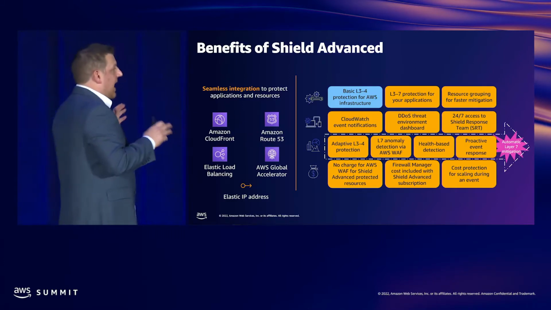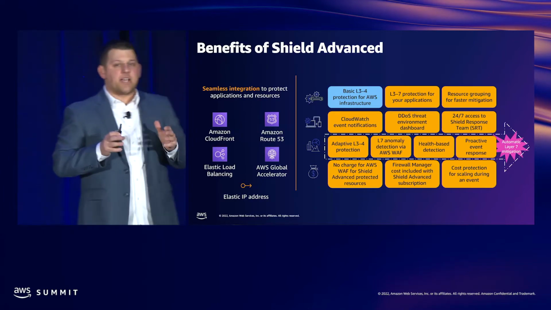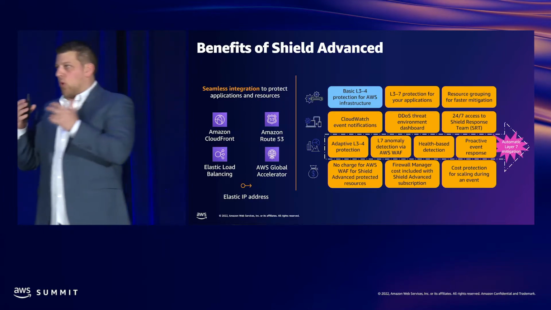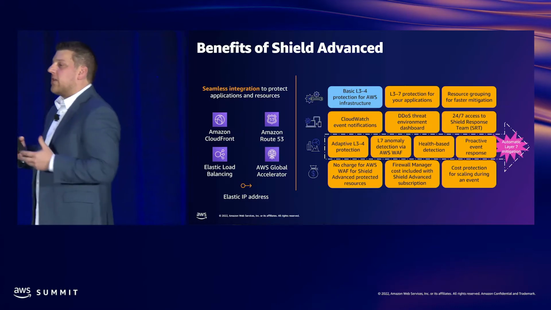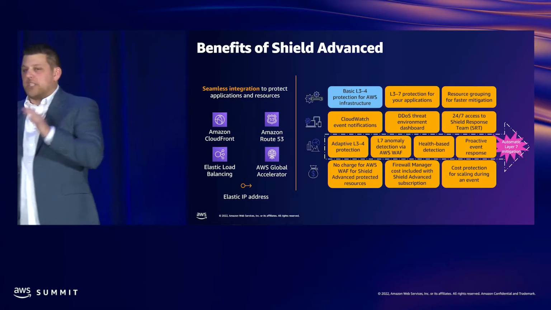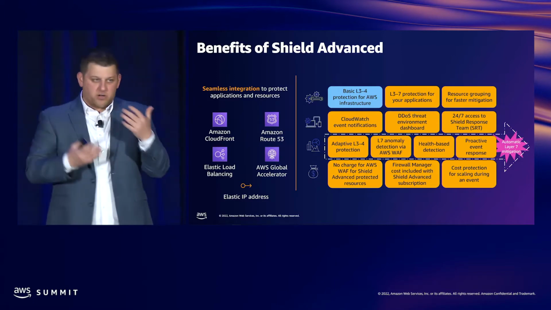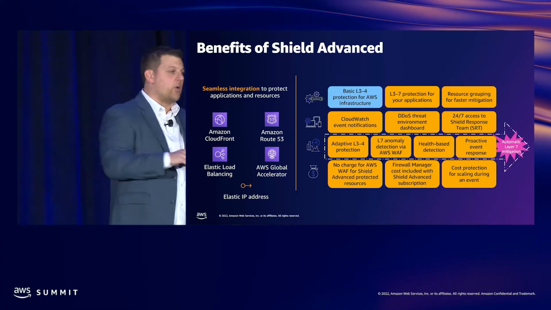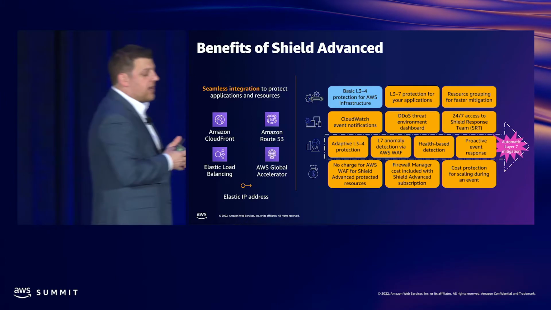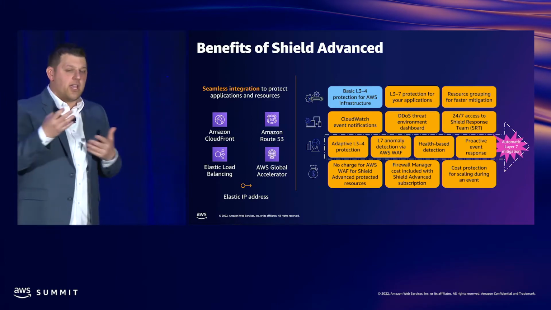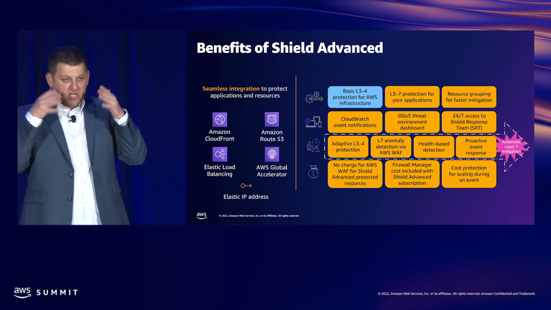Now getting into some of the features. We have an adaptive L3, L4 protection. What we really want to do with Shield Advanced is understand what specifically is going on with your resources. We start to learn the traffic flow. We start baselining, so it allows us to understand if there's an anomaly, and then we can queue into that.